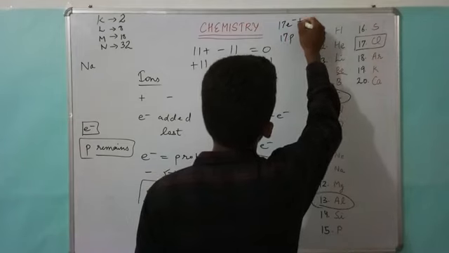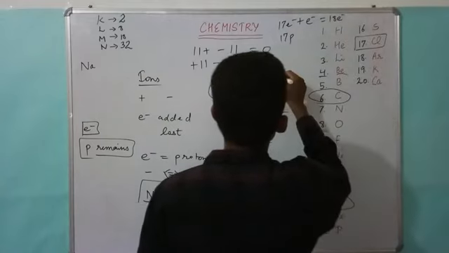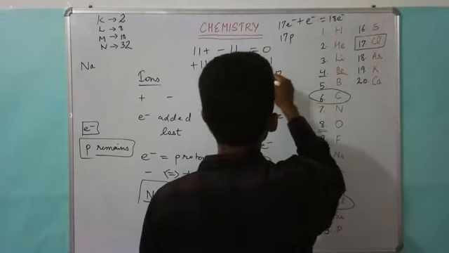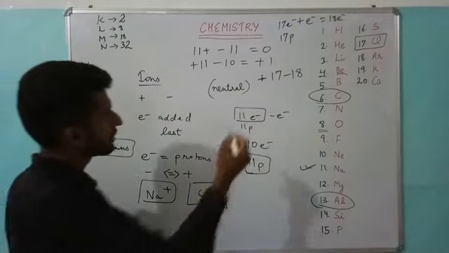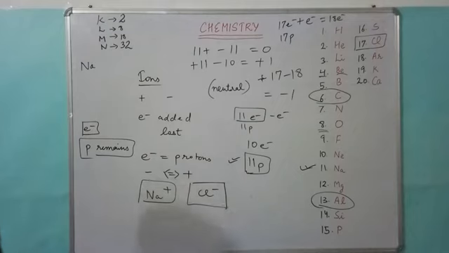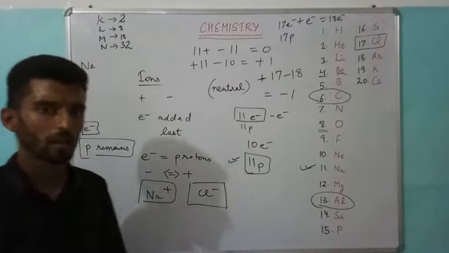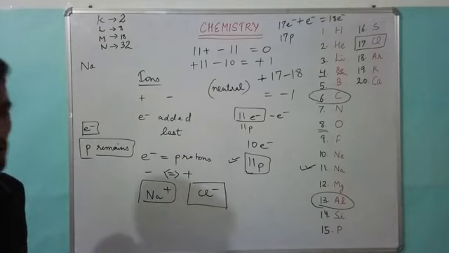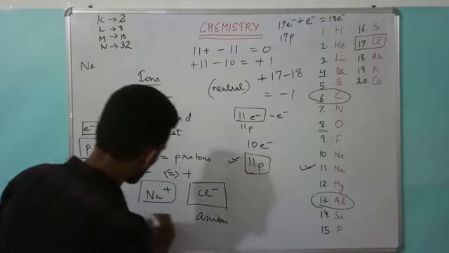But if one more electron is added, it becomes 18 electrons. So plus 17 minus 18 is equal to minus 1. That minus 1 means a negatively charged particle is present, and this one is called an anion, and this one is a cation.